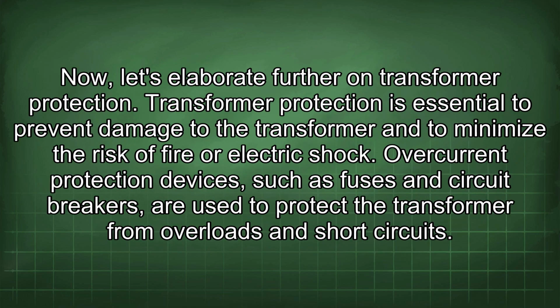Now, let's elaborate further on transformer protection. Transformer protection is essential to prevent damage to the transformer and to minimize the risk of fire or electric shock. Overcurrent protection devices, such as fuses and circuit breakers, are used to protect the transformer from overloads and short circuits.